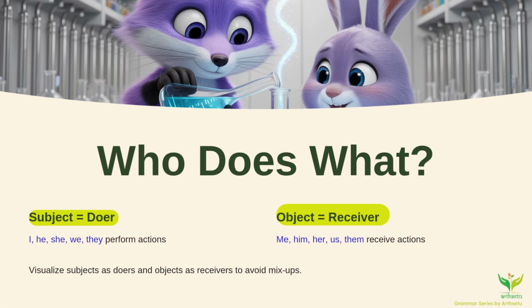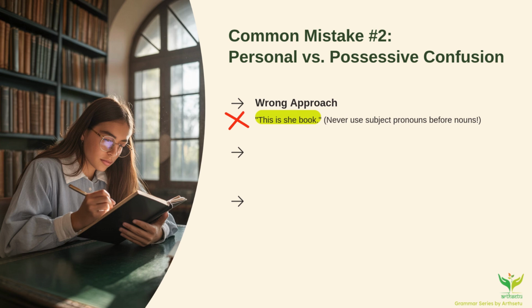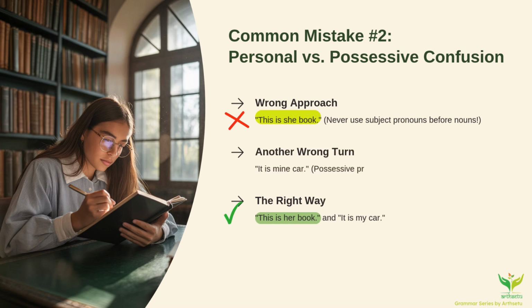Now let's look at the second most common mistake. Another confusion is between personal and possessive pronouns. For example, learners sometimes say, this is she book. That sounds odd, right? The correct sentence is, this is her book. Or they say, it is mine car. That's wrong too. We should say, it is my car.